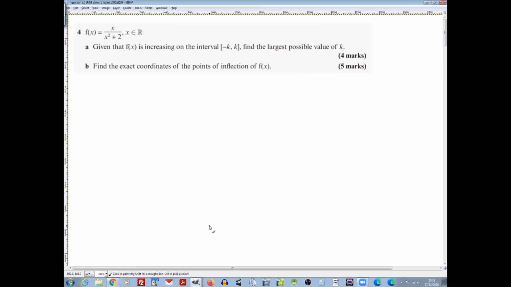Where do you suggest we start? Given that f of x is increasing, we want the largest value of k. Well, if we differentiate x over x squared plus 2, then we can find the largest possible value of k, which is where the gradient equals 0, because that's where it will go from being positive to negative.